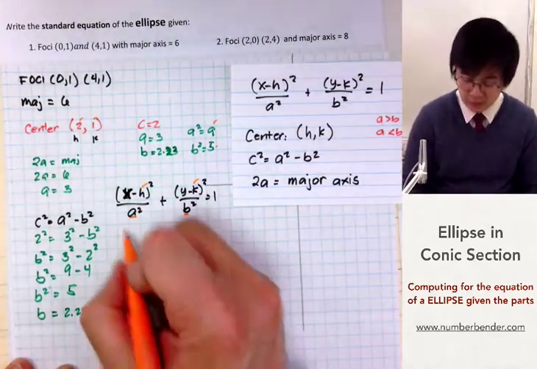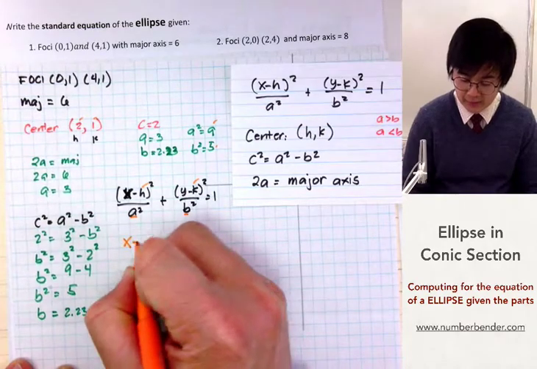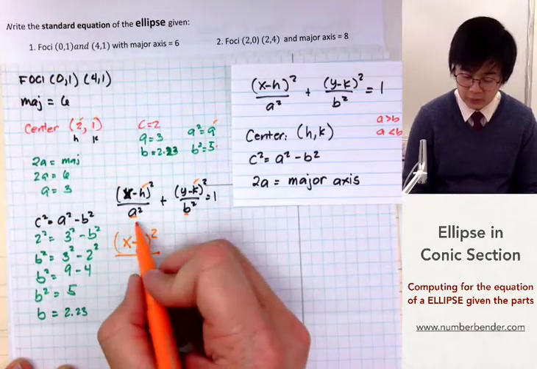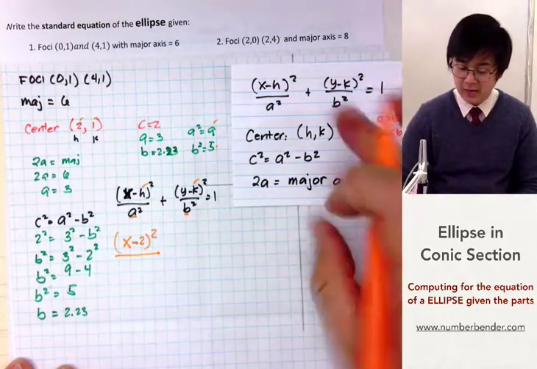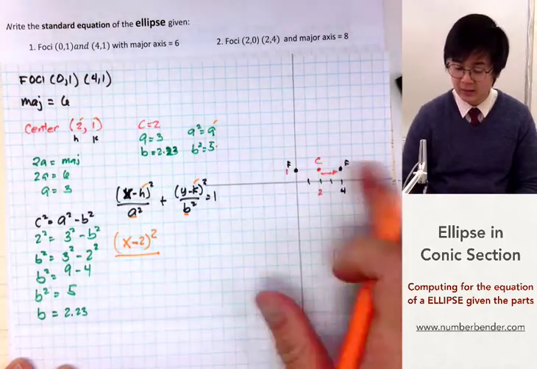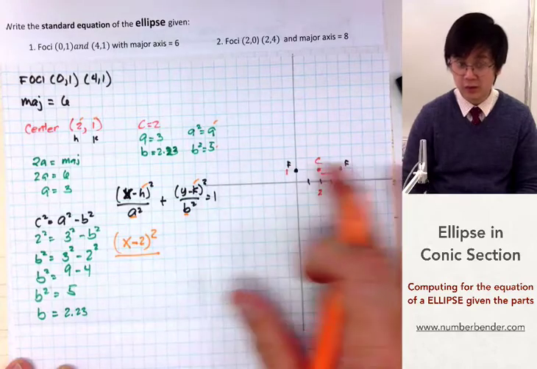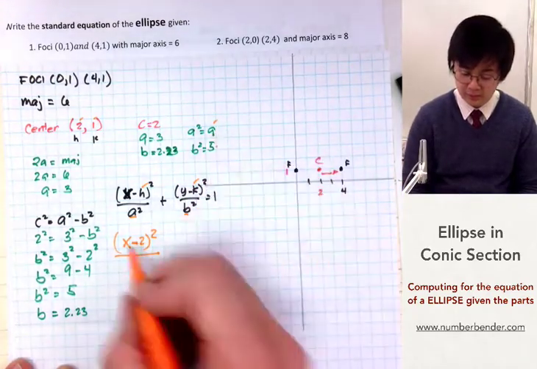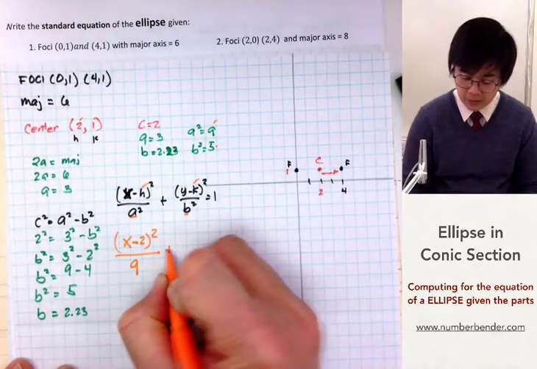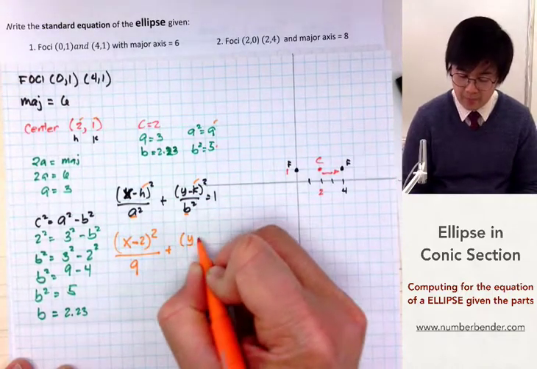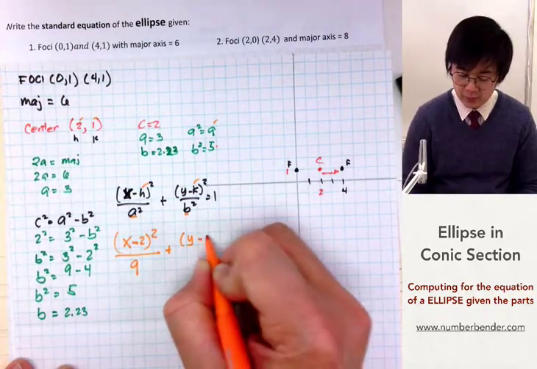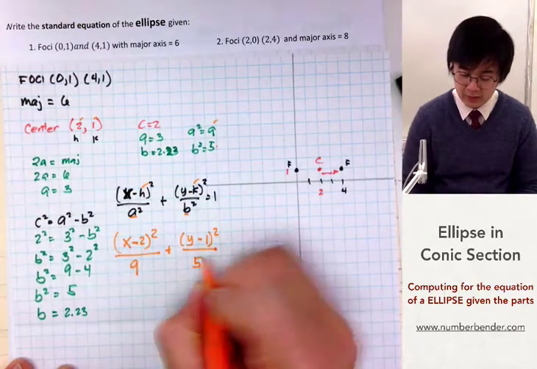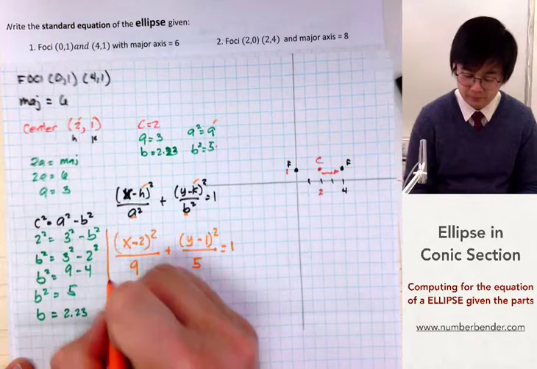So our equation will be (x minus 2) squared all over, since the major axis is along the horizontal line, our a squared will be the bigger value, which is 9, plus (y minus 1) squared all over 5 equals 1.